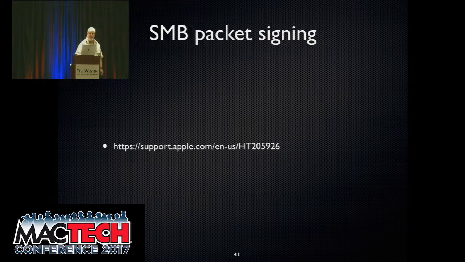I could tell you that if you're trying to run SMB packet signing and you're having connection problems, there's a way of turning that off, and there's an article there that Apple wrote to turn off packet signing, right? I found that to solve problems in certain filer types. I don't recommend it as an option, but it's available if you need it.